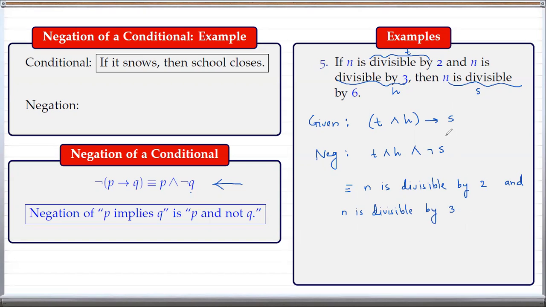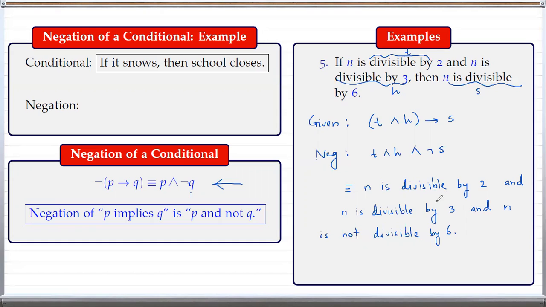We have and not S, and n is not divisible by 6. Not divisible by 6.